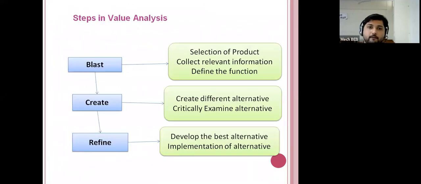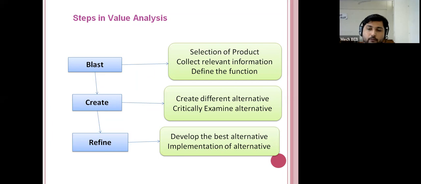So there are steps for how one can perform value analysis. These steps are segregated into three parts. The first one is blast, the second one is create, and the third one is refine. During the blast step, the specific product is selected from a variety of products, the relevant information related to that particular product is gathered, and the functions of that product are defined. Okay, then create.